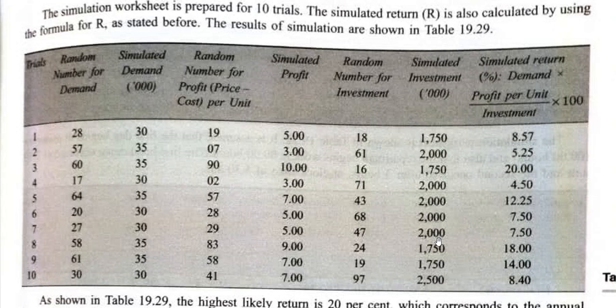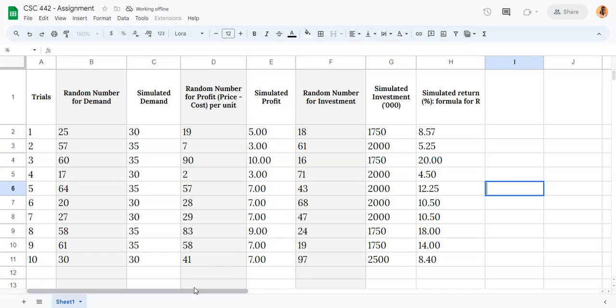Now, for the rest of them, we have 3 variables, and each of those variables has its own simulation. That's why you have this column right here, this random number for demand. Let me go to my solution where I color coded it so it will make sense to my brain. We have this column for the trials.